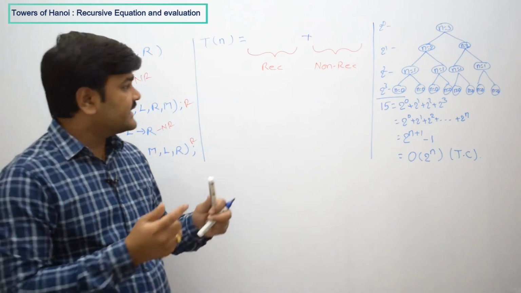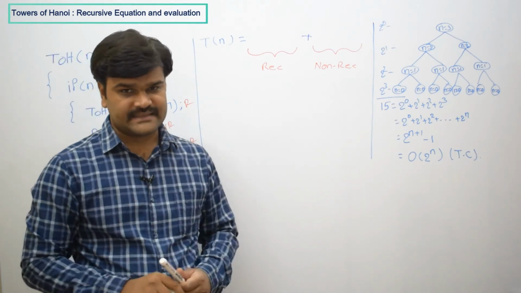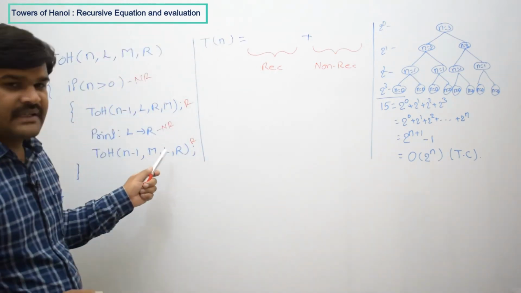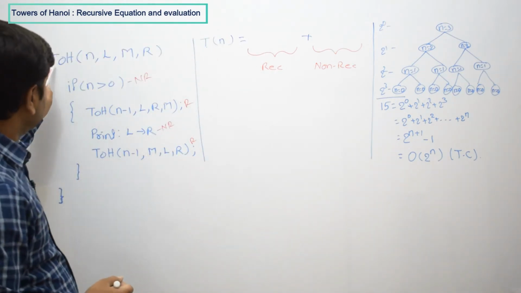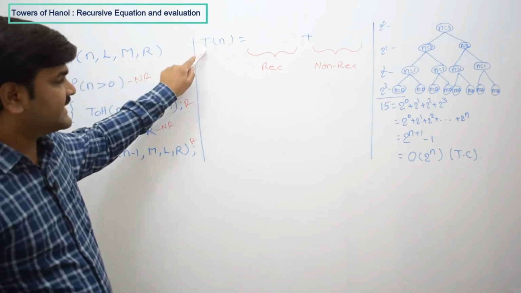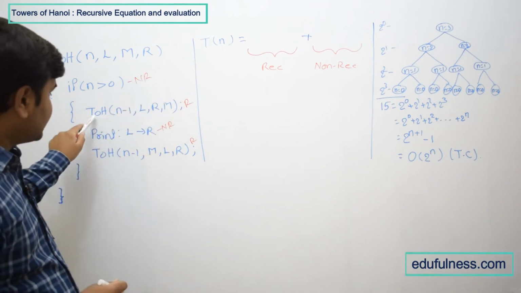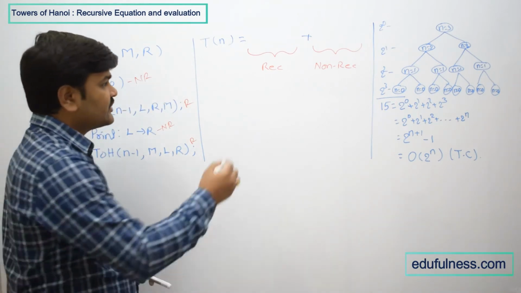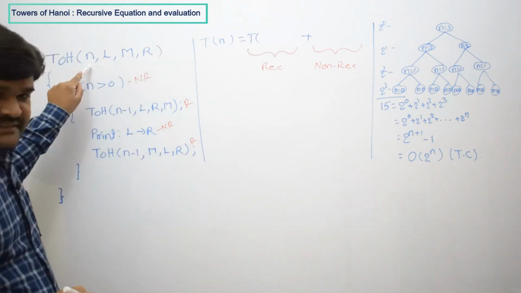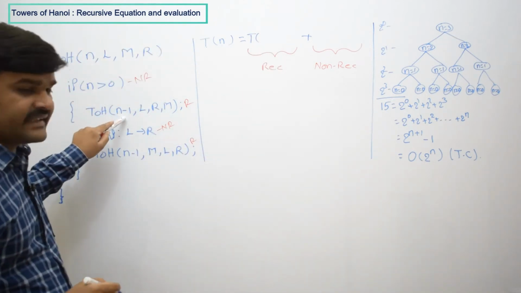Okay, so let us first complete the recursive part. In the recursive part, you can observe what we are doing. This is our TOH, so this name we are going to take as T. That means even this call will become T, right? Here the input is N, but for this call the input is N minus 1.